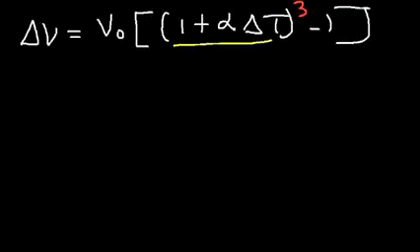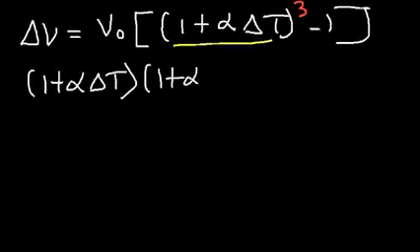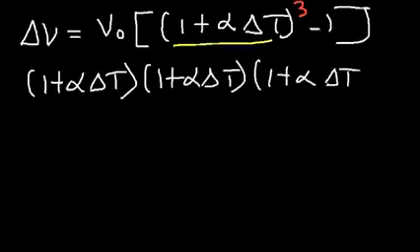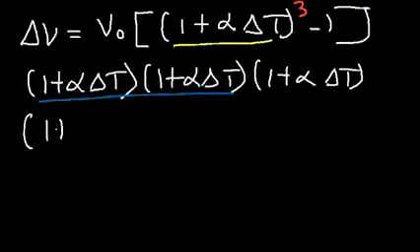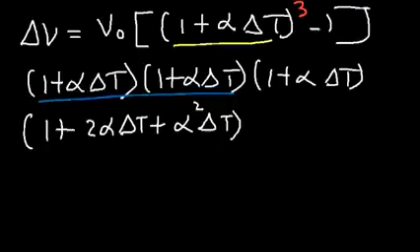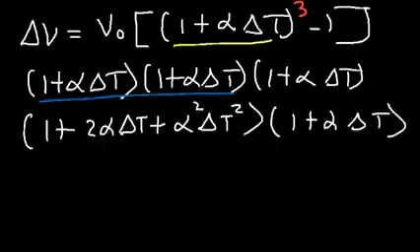Now let's FOIL this three times. So it's (1 plus alpha delta T) times another (1 plus alpha delta T) times another one. Now we've already FOILed these two earlier in the video. We said it was 1 plus 2 alpha delta T plus alpha squared delta T squared. So now let's distribute it to the 1 plus alpha delta T on the right.